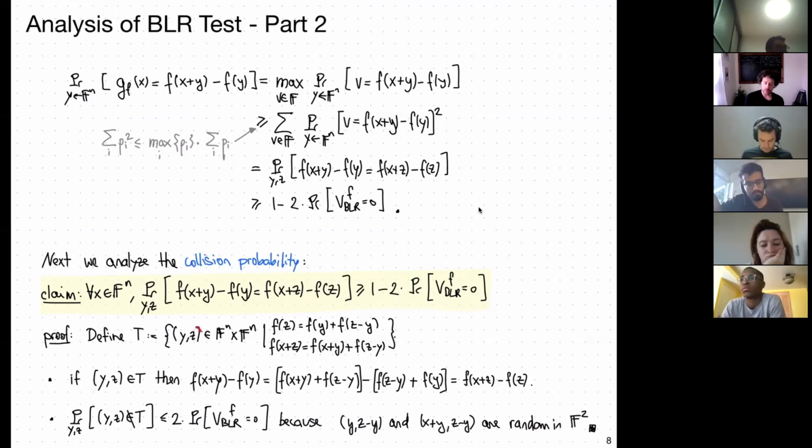So if you think about it, what do we have here? We're taking X and Y, and this is randomly chosen, and this is randomly chosen. So each one of them is just like a random triangle. So it's just the probability of having two random triangles that are bad.